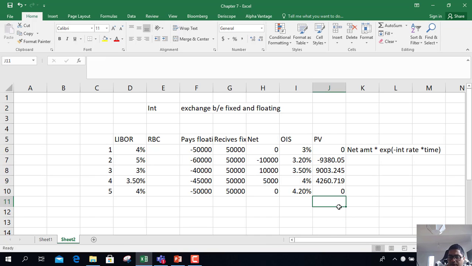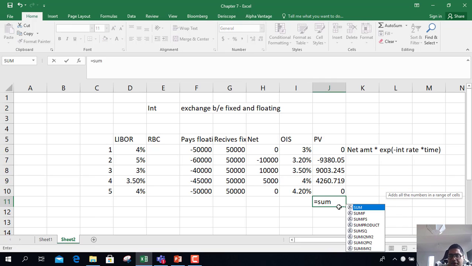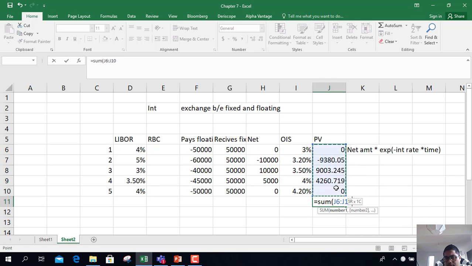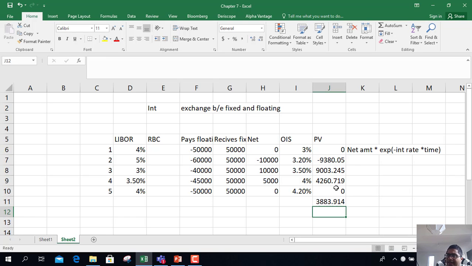So value of swap will be addition of all these present values. So 3883 would be value of swap. So once again, value of swap is always present value of netted amount at risk-free rate. That is generally OIS rate.